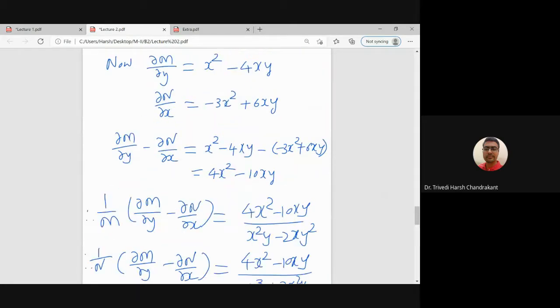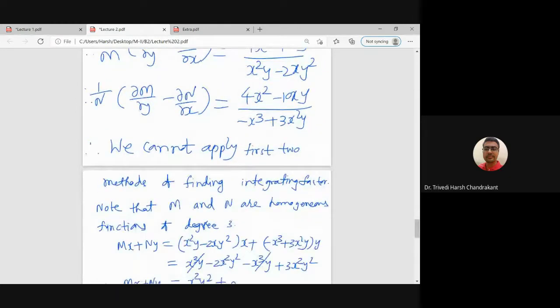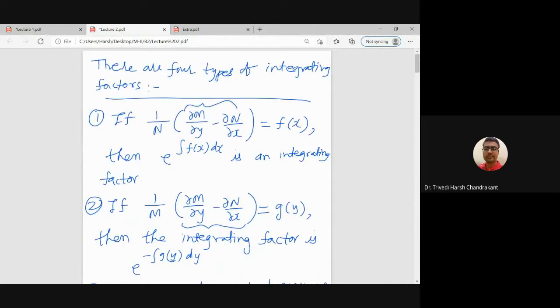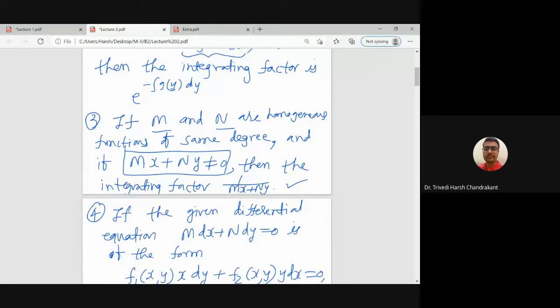So now there is a little bit of time, so let me discuss this method. The given differential equation was an exact differential equation in which M and N were homogeneous. So suppose we have a differential equation in which M and N are homogeneous, and suppose for such an example this quantity is zero function everywhere.